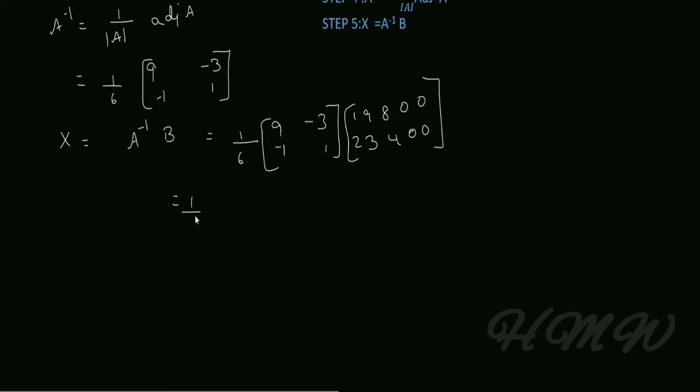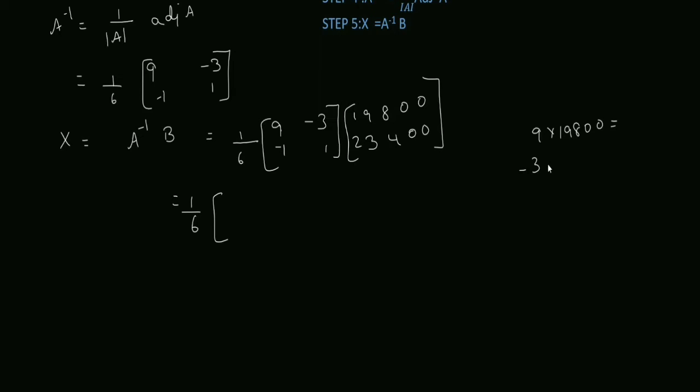That is 1 by 6 into 9 into 19800, then minus 3 into 23400. 19800 into 9 is 178200. Minus 3 into 23400 is 70200.